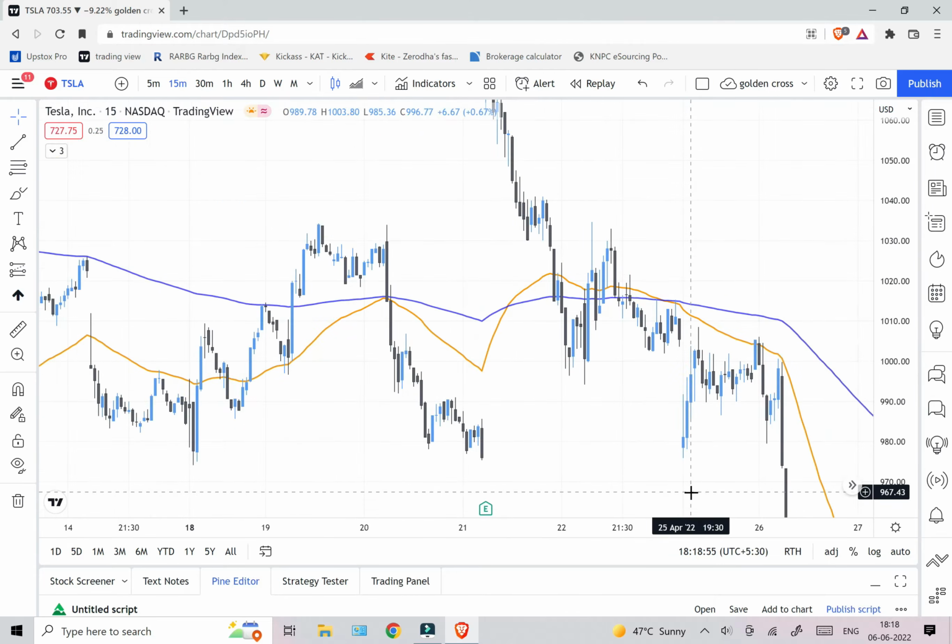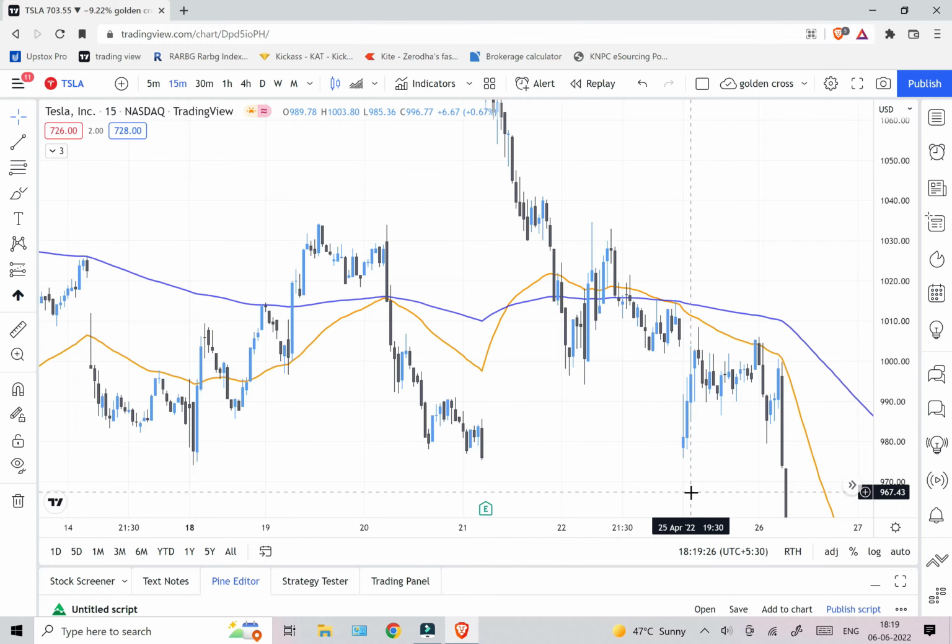Now, this is not that easy to use. It is a simple strategy where you need to follow few rules. The first rule is that whenever 50 moving average cuts 200 moving average from bottom, that means 50 moving average is at the bottom and 200 moving average is at the top.